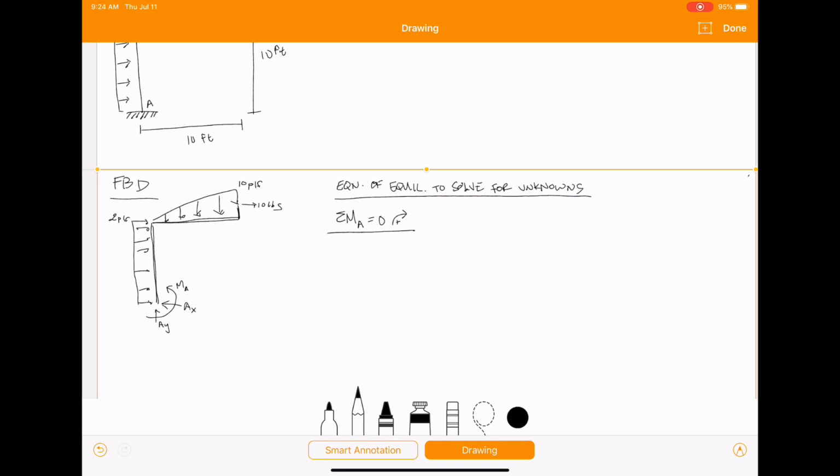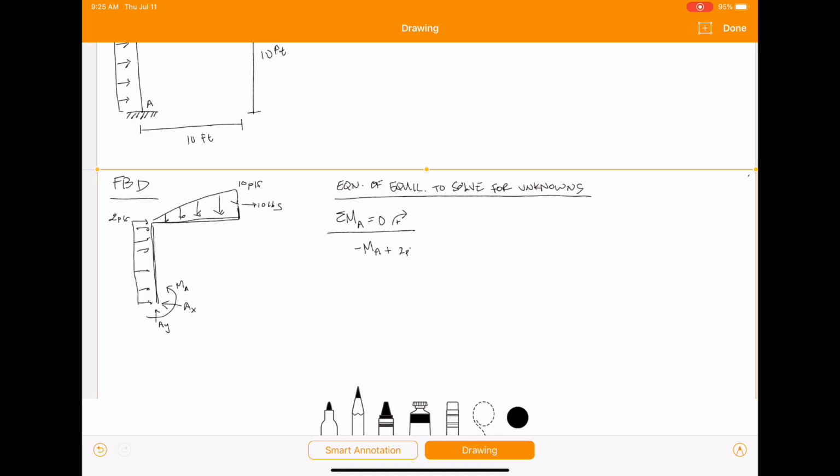So AY and AX won't cause a moment because they go directly through point A, so they're just going to cause translation rather than rotation. So those don't cause any moments, so we can go ahead and move on. So we've got a negative MA, and then we've got our uniform distributed load, which is going to cause a positive moment.